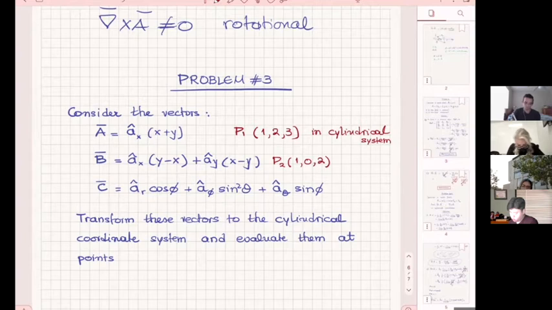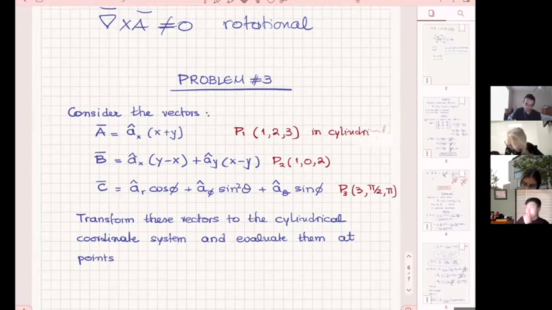And P3, 3 pi over 2. Okay, no, let me see. Sorry, now I realize it's not in the cylindrical. It gives you the points in the Cartesian system.